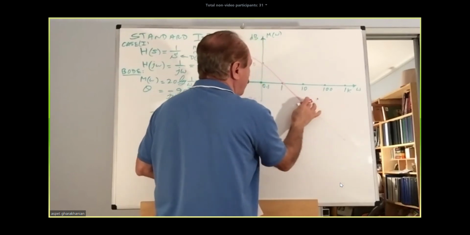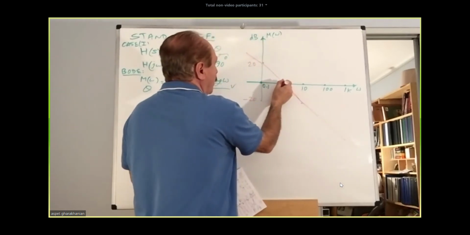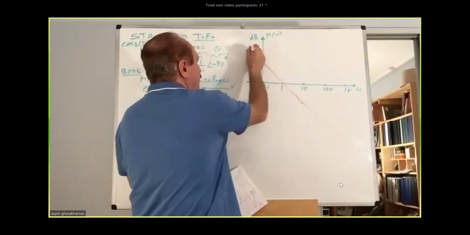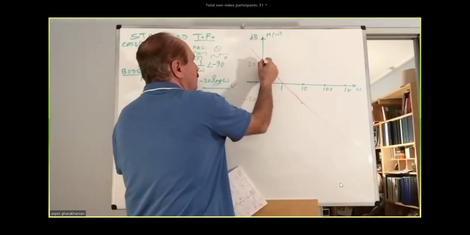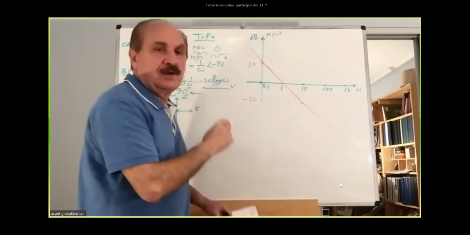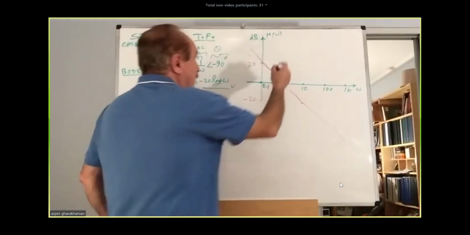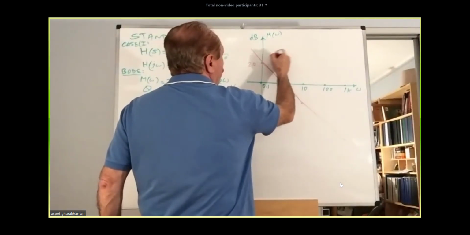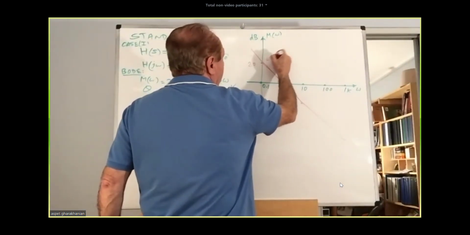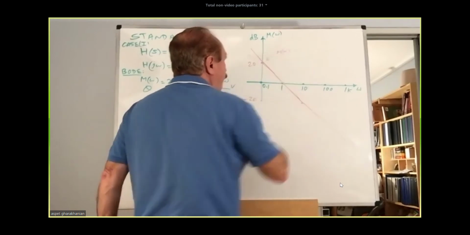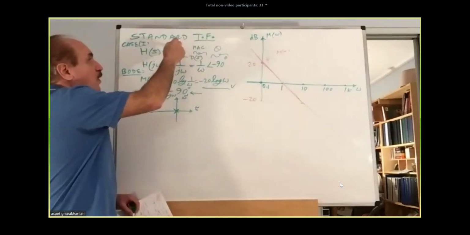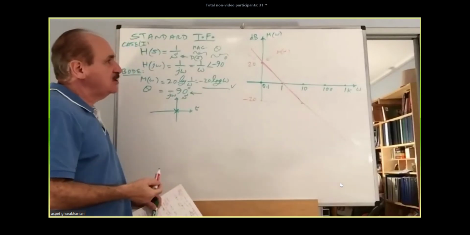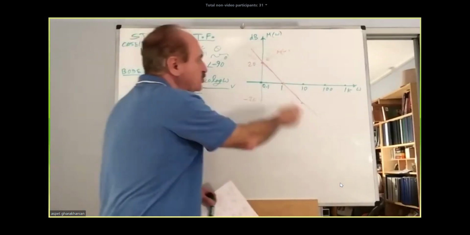There you are. Okay, so this will be our M of omega for the function equal to 1 over s. It will be a straight line.